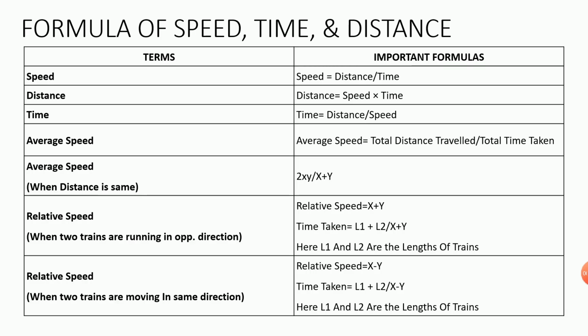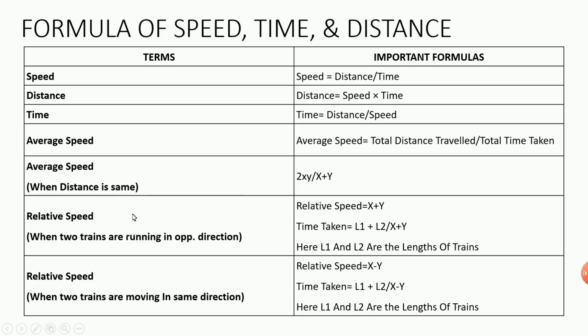You have to learn. The first three formulas we have seen, and about the fourth one, average speed equals total distance traveled by total time taken. Average speed when distance is the same is 2xy divided by x plus y.